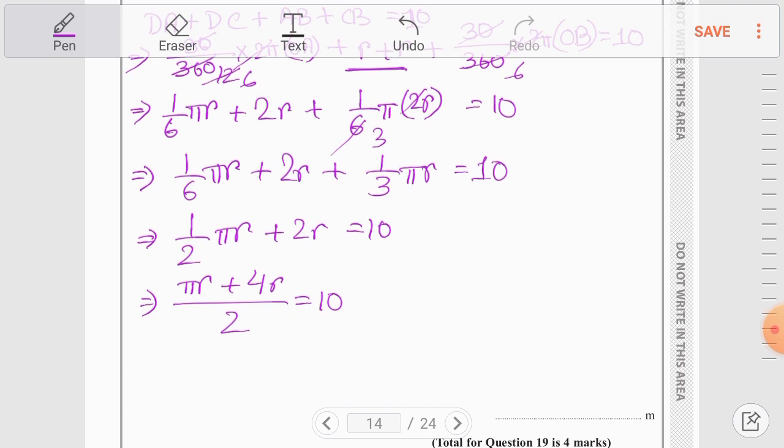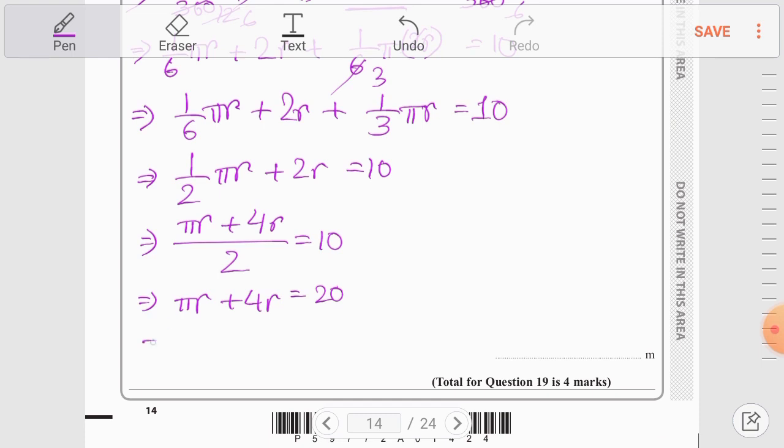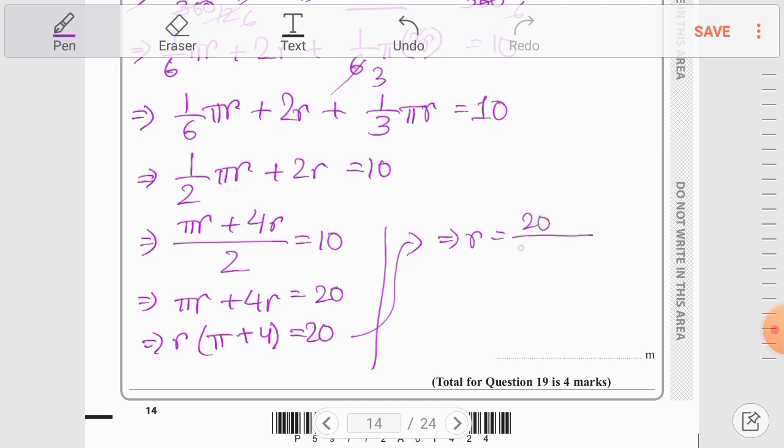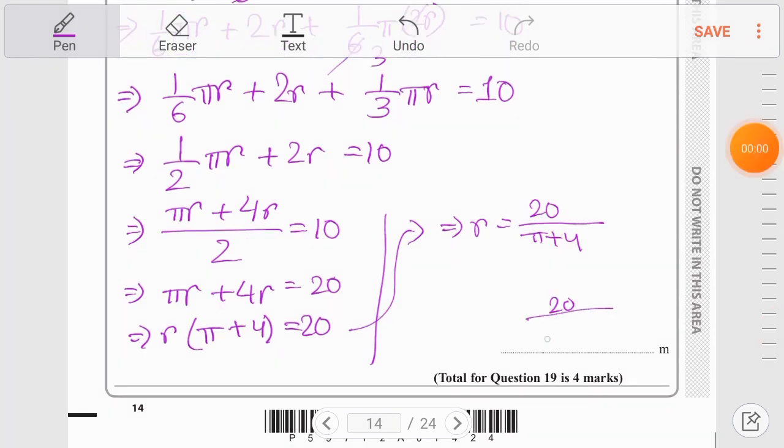Moving 2 to the right hand side of the equation, that would be pi r plus 4r equals 20, and taking r common, that would be r times pi plus 4 is equal to 20. So the next line would be r is equal to 20 divided by pi plus 4. So this is the value for r in terms of pi, that is 20 divided by pi plus 4.